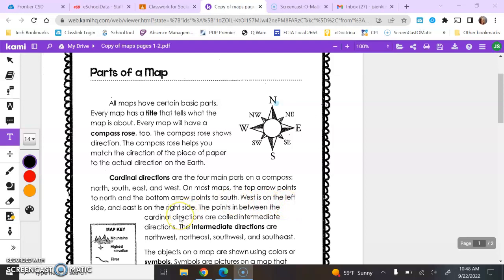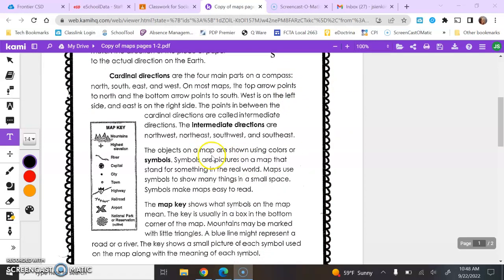West is on the left side and east is on the right side. The points in between the cardinal directions are called intermediate directions. These intermediate directions are northwest, northeast, southwest, and southeast.